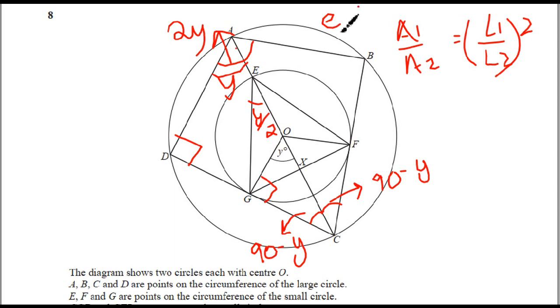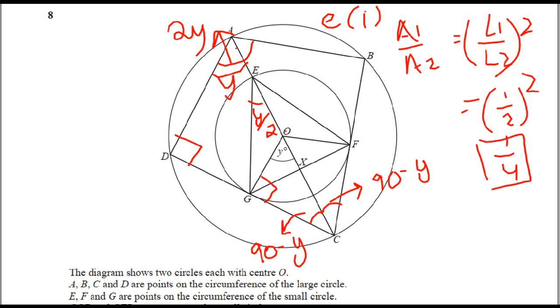So this length is the radius, right? And this whole length is the diameter. And what is the ratio between radius and diameter? That is 1 over 2. So instead of L1 over L2, I can write 1 over 2 whole square, which gives us 1 over 4. So this is the answer for part E, part 1. Alright.